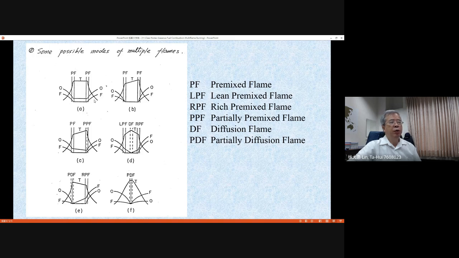Later on, I will use experimental observations to give you more insight to understand the flame structures. Since both premix flames are lean, they should have some oxygen left in the downstream side without any fuel left.